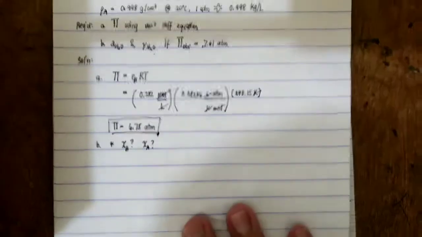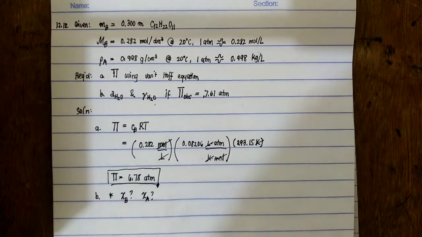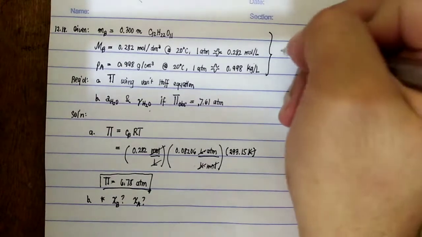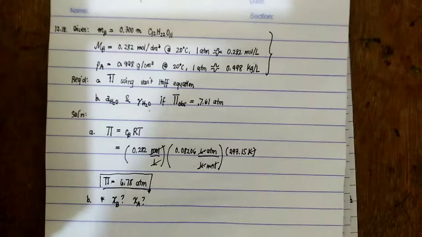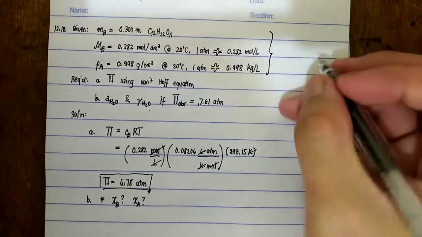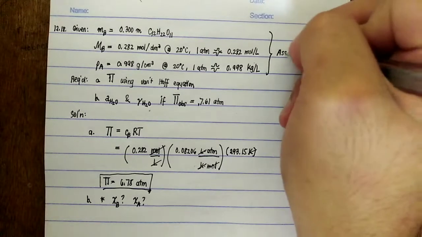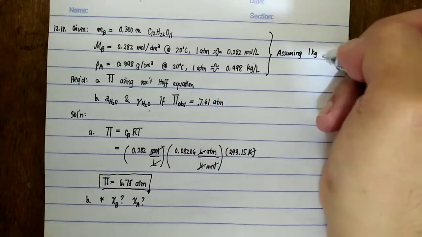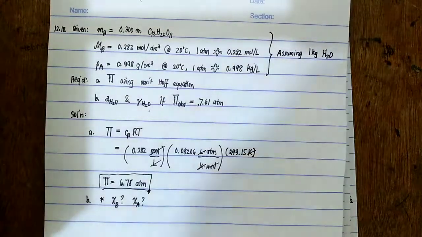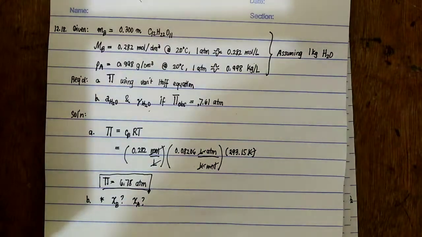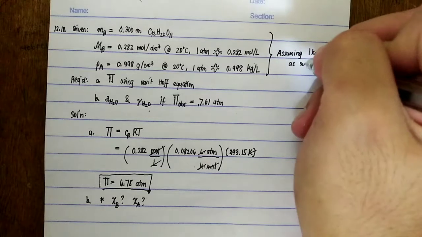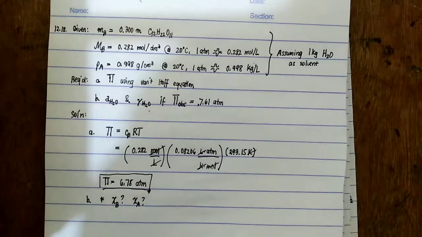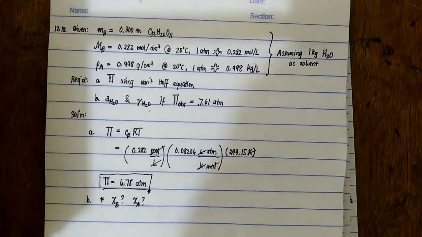To do this, we go back to our molality for our solute. And for this entire thing, let's just assume an amount of water that we have for the solvent. So let's say we assume that we have exactly 1 kilogram of water that is used as the solvent. From this, we can now compute the number of moles of our sucrose that's present.